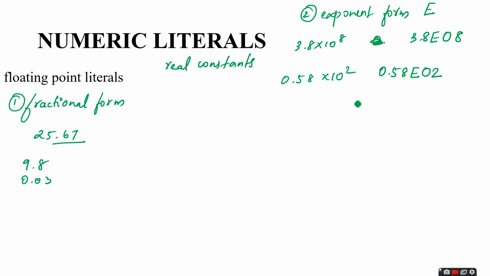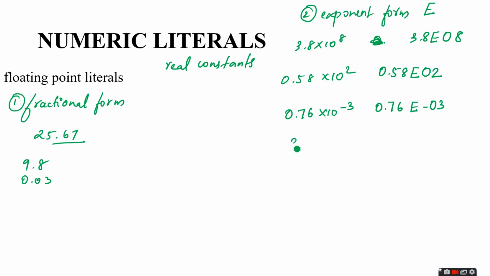Or if you are writing like this, 0.76 into 10 raised to minus 3, so we can write 0.76E-3. In this way, we can represent the exponent form.